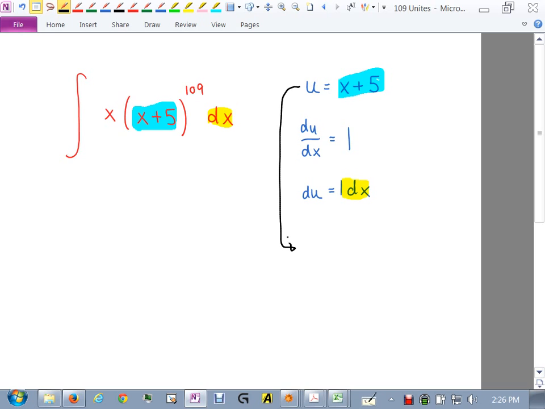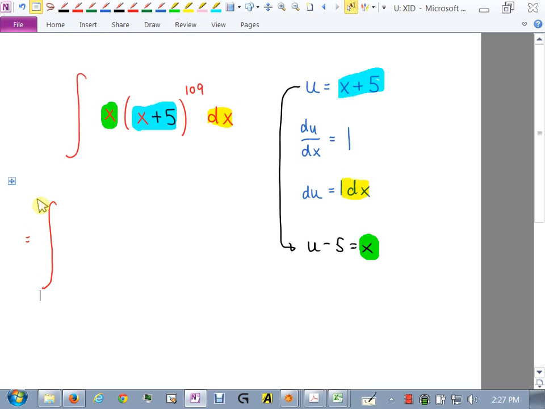So u minus 5 is x, isn't it? Correct? And this is going to be absolutely beautiful, what happens. Our problem of raising this thing to the 109th power is about to completely vanish, as you see when I rewrite it. Does everyone understand where I got this from? Just subtract 5 on both sides?